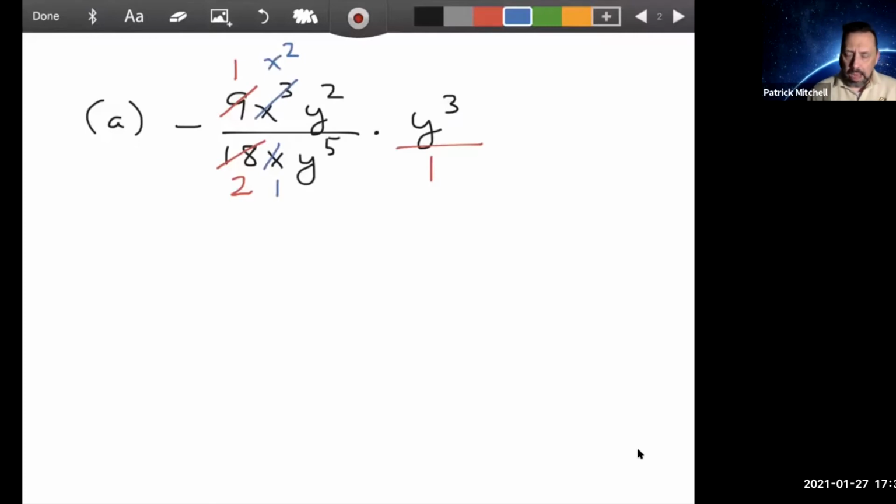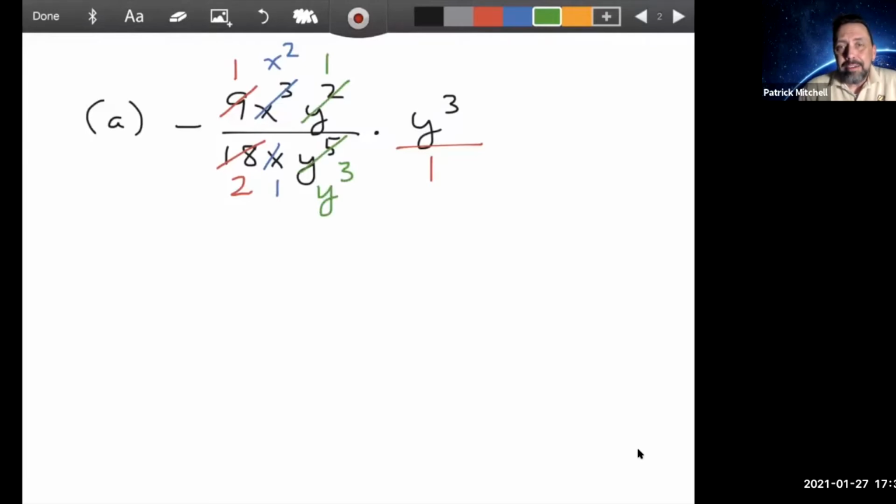Now, as far as the y's go, there are a couple different ways you could handle this. One way would be 5 minus 2 is 3, and because that exponent 5 is on the bottom, that's where the y to the third is going to go. All right, and again, a 1 up here.